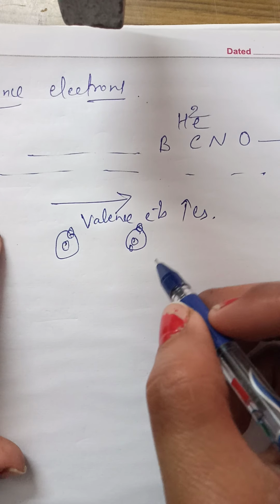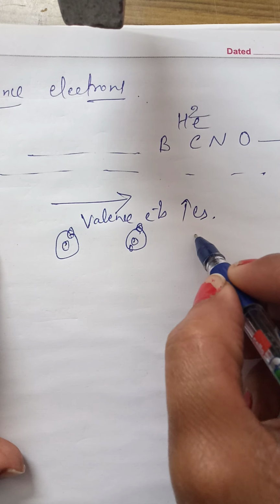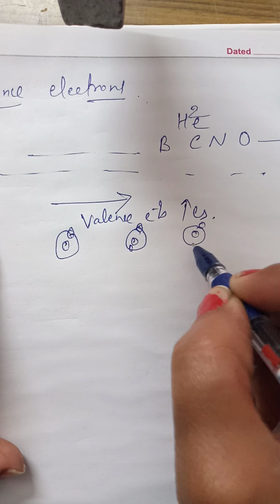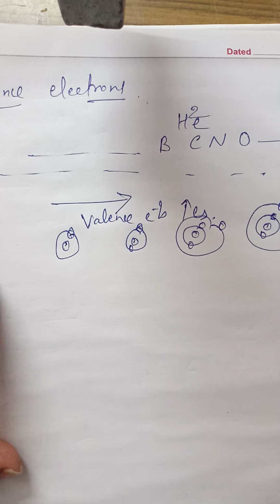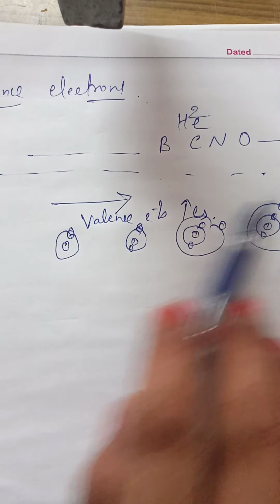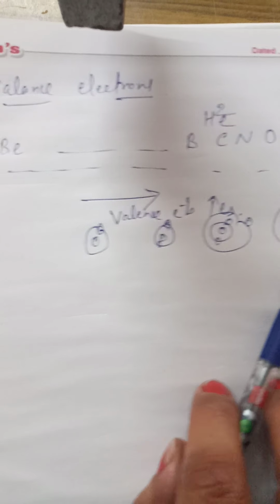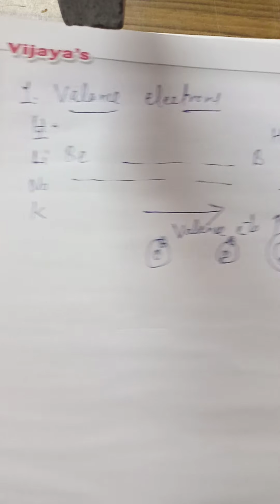Actually this is the noble gas configuration. Now in lithium we have one valence electron, and similarly for beryllium, the first shell is occupied, secondly 2 electrons. So as we move from left to right in a period, the valence electrons increase.